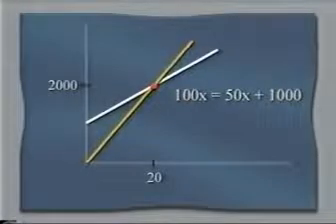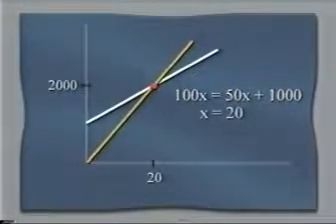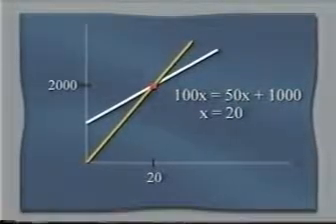Using algebra, we get 50x equals 1,000, x equals 20. So we could solve that break-even point graphically, or we can do it with algebraic methods. Either way, we get the same answer. It's always nice to know that you get the same answer. Basically, the break-even point for a business is a very important location because if you don't reach it, you're not making a profit, and after a while, you're out of business.